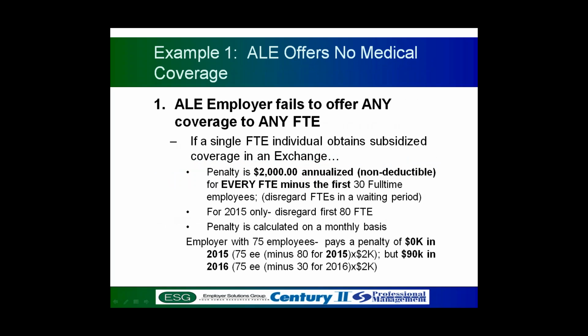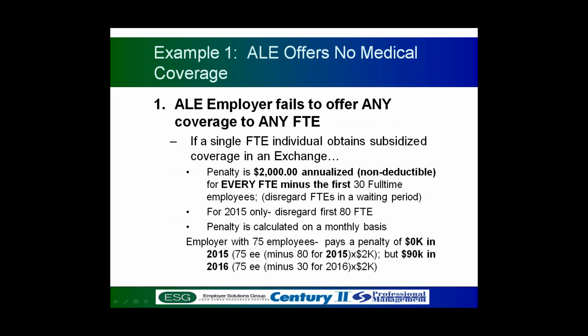So let's just quickly talk through an example of how a company might trigger a penalty. In this situation, again, we're talking about the applicable large employer. They had no medical plan in place and they had 75 employees.